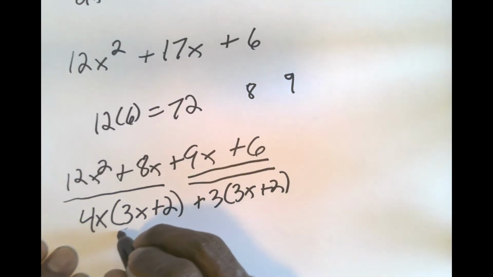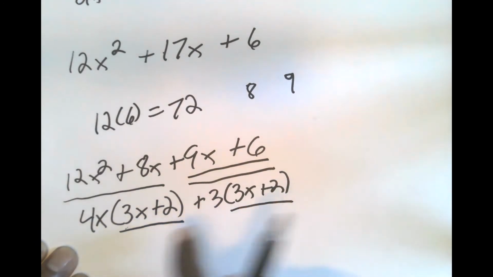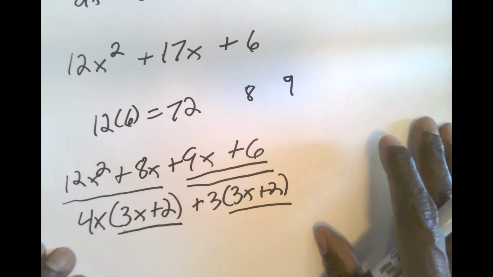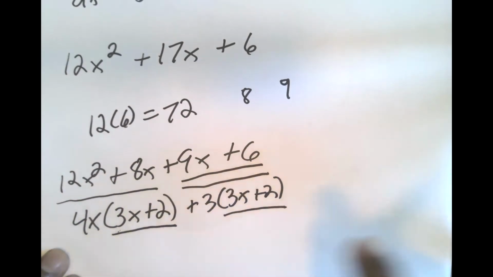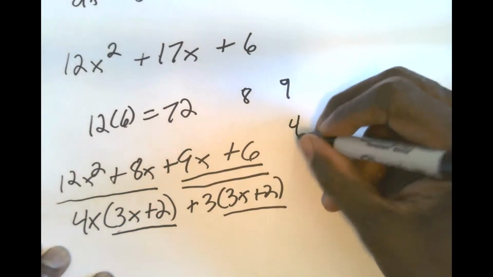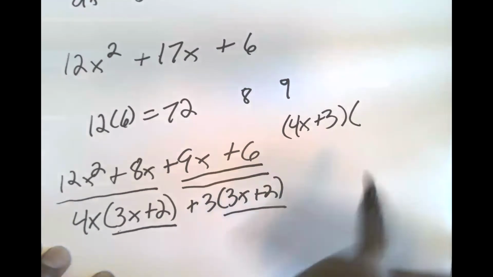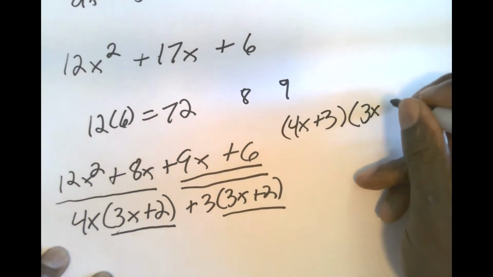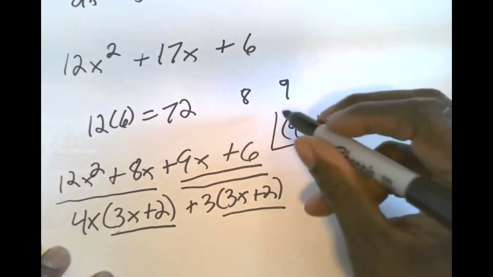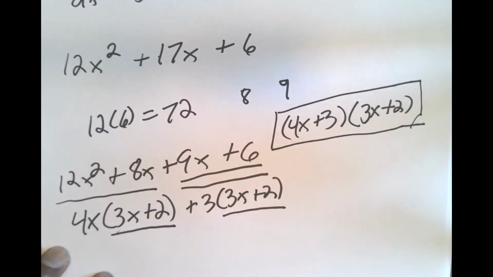What will always happen, if it's factorable and we're doing the AC method, is these would be the same. And so with factoring by grouping, which you should have learned, this turns into 4x plus 3 times 3x plus 2. And there it is factored.